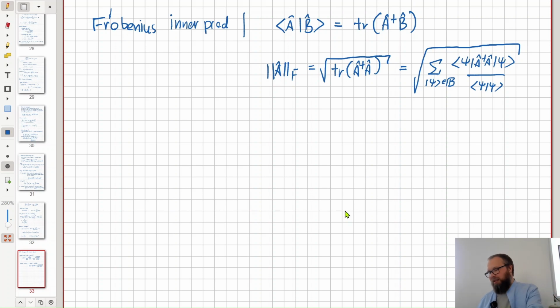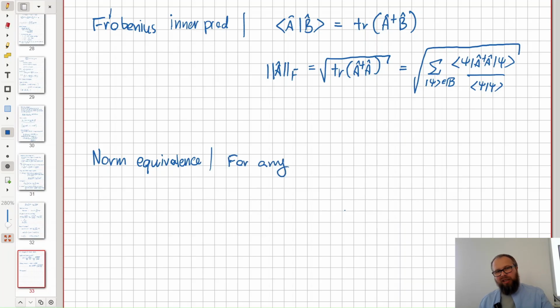Equivalence means norm equivalence. So for any two norms, let's call one norm A and the other one norm B, where you put the argument here.